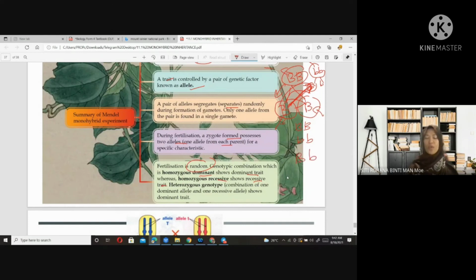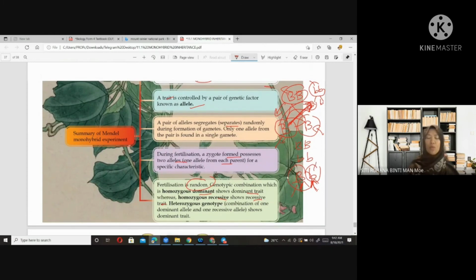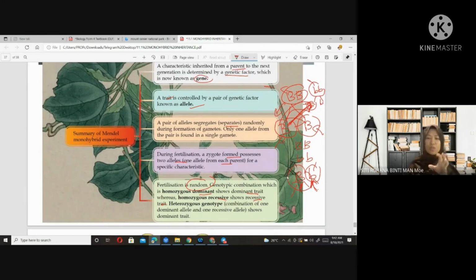Combination of one dominant allele and one recessive allele will show or express dominant trait. Recessive allele is hidden allele. Saya emphasize lagi, saya tekankan lagi, tolong ingat. Recessive allele only will be expressed in the offspring if both alleles present.